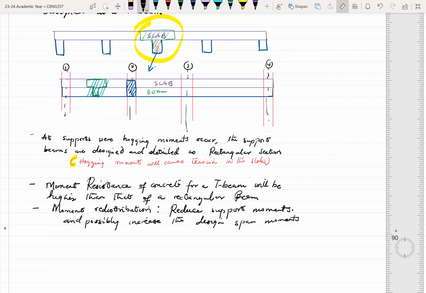So I try to take advantage of moment redistribution.